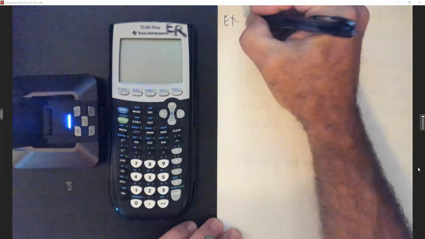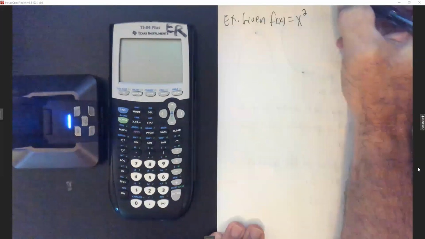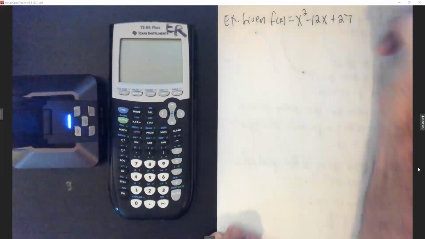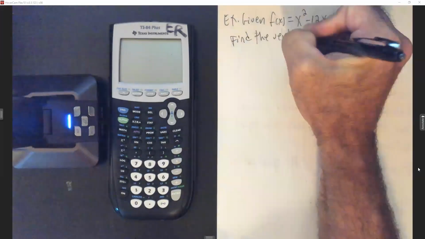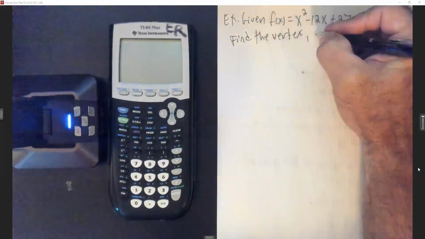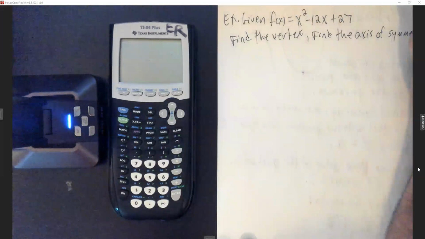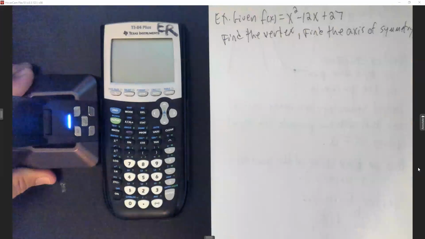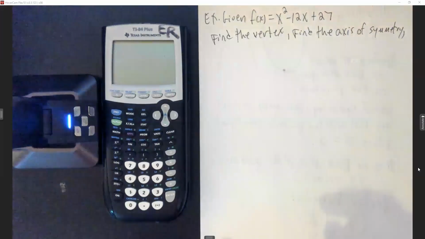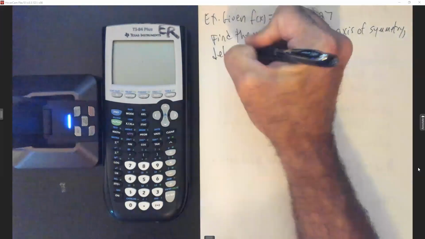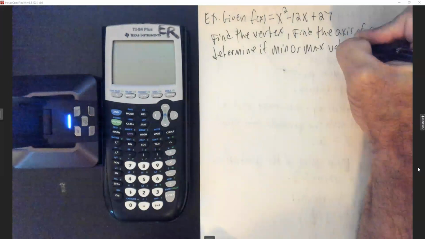Given f of x equals x squared minus 12x plus 27, they want us to find the vertex, find the axis of symmetry, determine if there's a min or max value, and then finally they say graph the function.